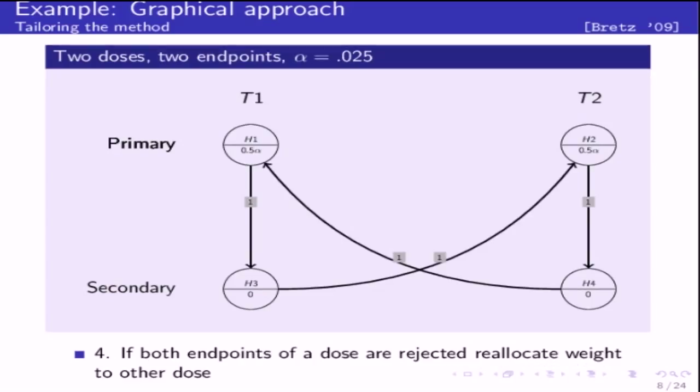And as said before, we also wish to reject as many null hypotheses as possible. So you can see if for one dose we have rejected both null hypotheses, we move the alpha over to the next dose, which is indicated, for example, by the edge going from H3 to H2, or the edge from H4 to H1.